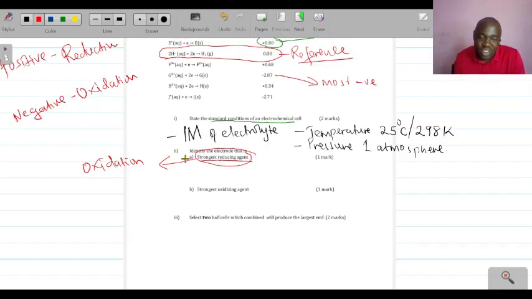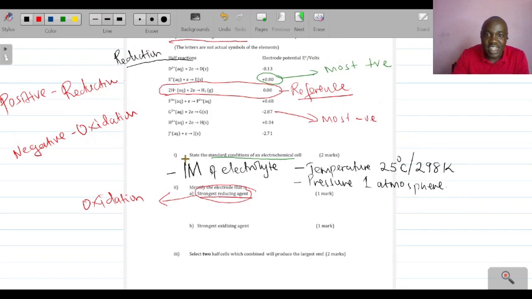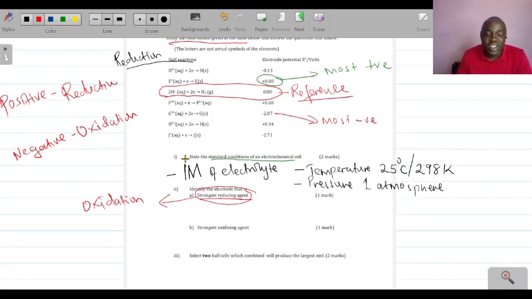That for oxidation, we are going to assign, sorry, we are going to assign negative values. So we need to ask ourselves, where we have the standard electrode potentials. So our focus here is going to be on the negative values.